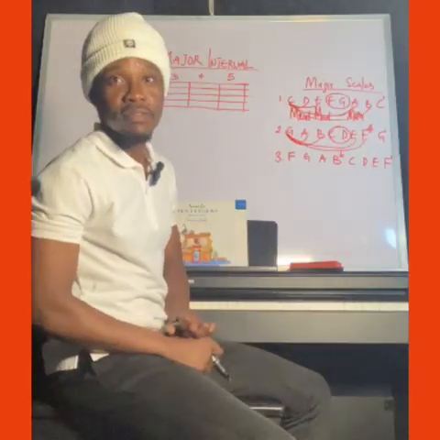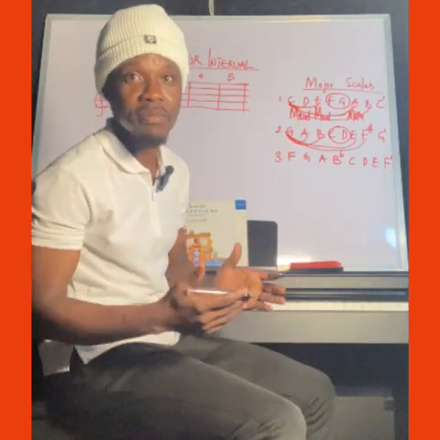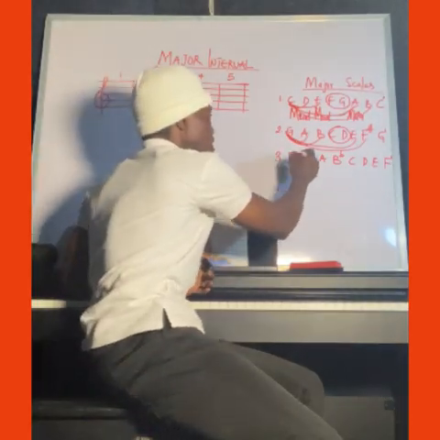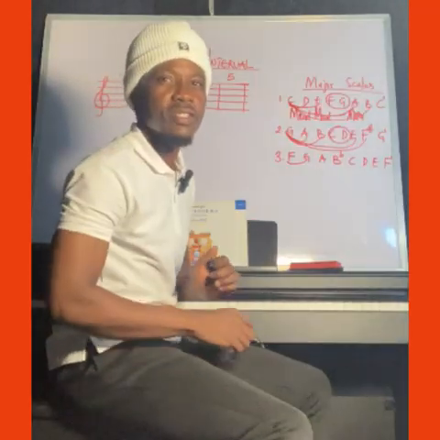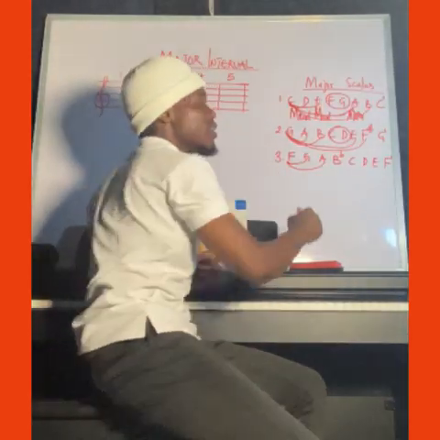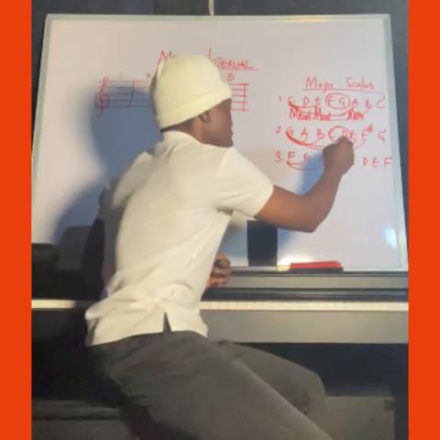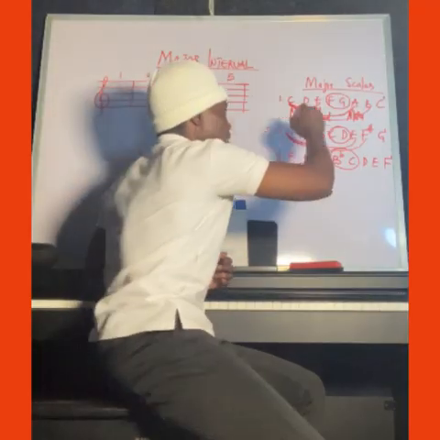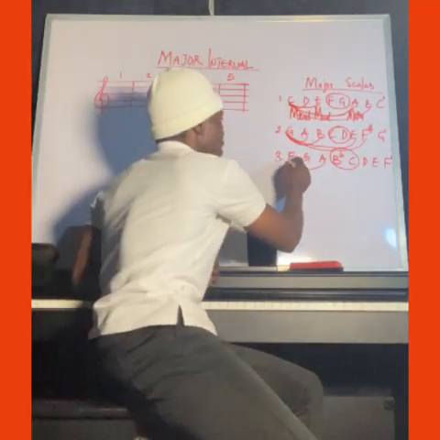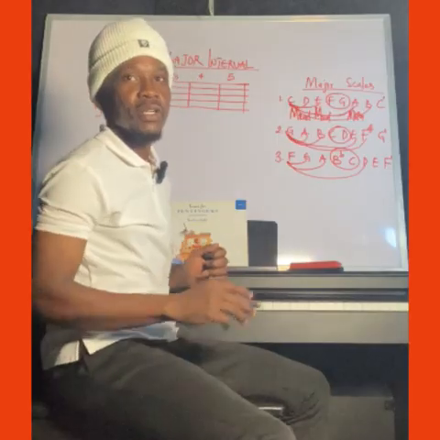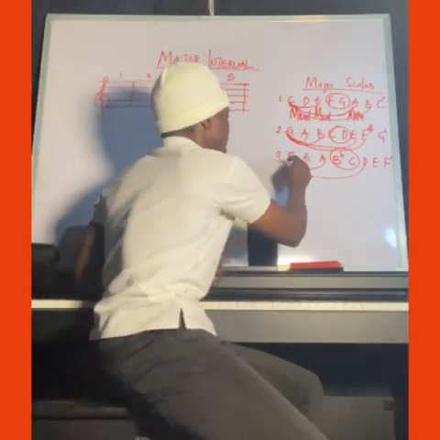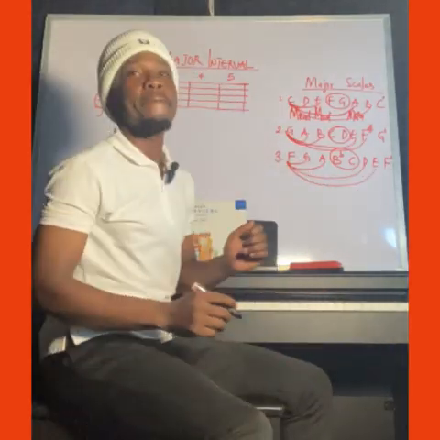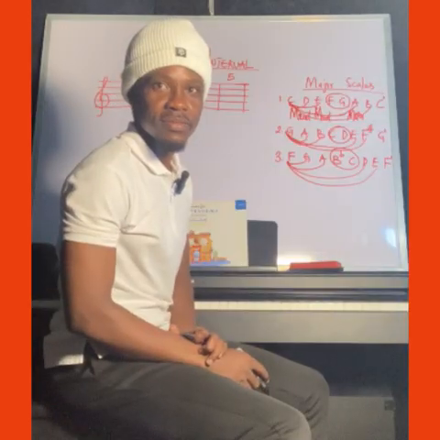Also, for F major, the same idea. F to G is what? Major second. F to A, major third. We skip B flat and C. F to D, major sixth, and F to E, major seventh.